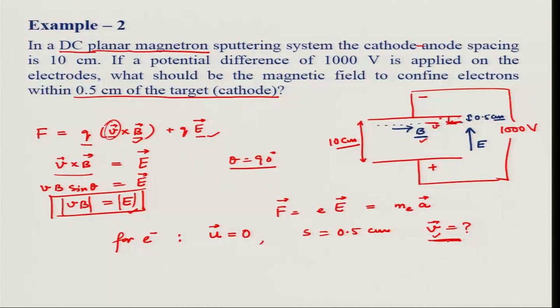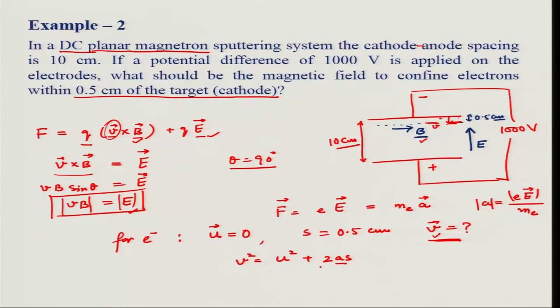So, we need to calculate this V. Now, from Newtonian mechanics we know the expression that V square is equal to U square plus 2AS, okay. And A is F over m, which is E over m e, okay.